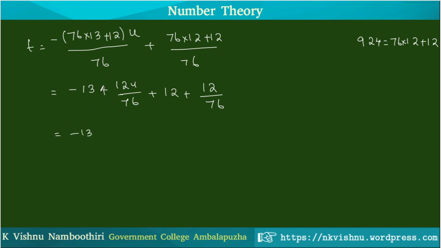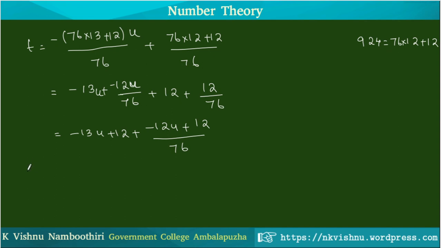Oh, here there is a u. Here also we have a u. So minus 13u plus 12 plus, here it is actually a minus sign, minus 12u plus 12 by 76. Now the same argument as before. t is an integer, minus 13u plus 12 is an integer, so minus 12u plus 12 by 76 is also an integer.